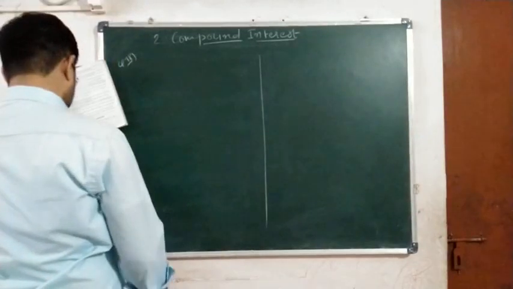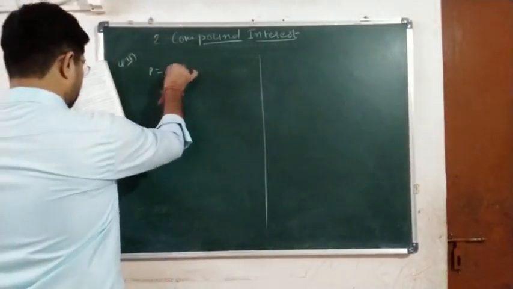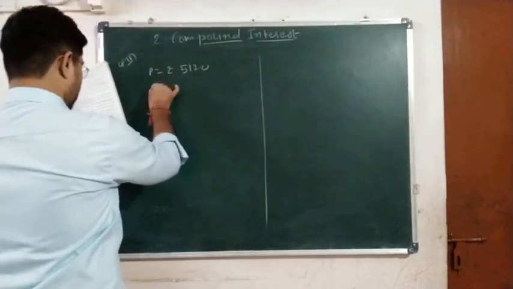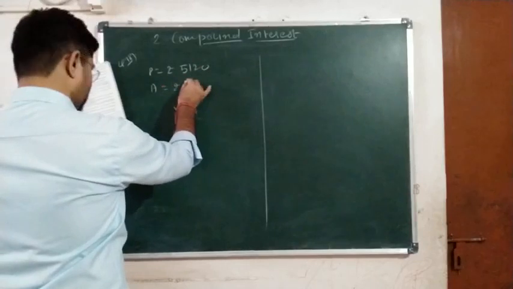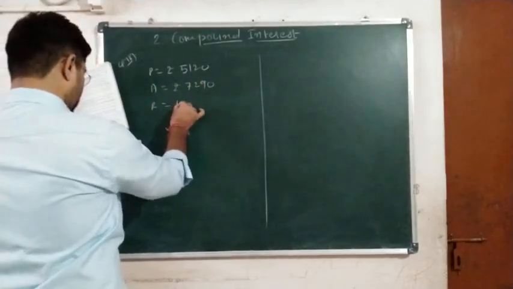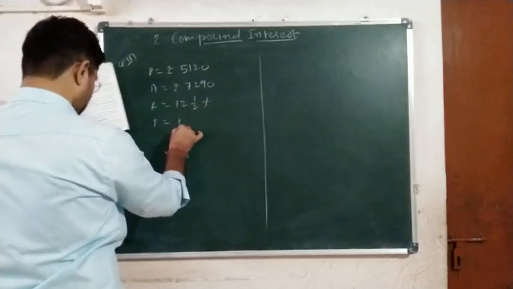In what time will rupees 5120 amount to 7290? Here principal or sum is given rupees 5120, amount is given 7290. Rate is given 12.5%. We have to find the time.